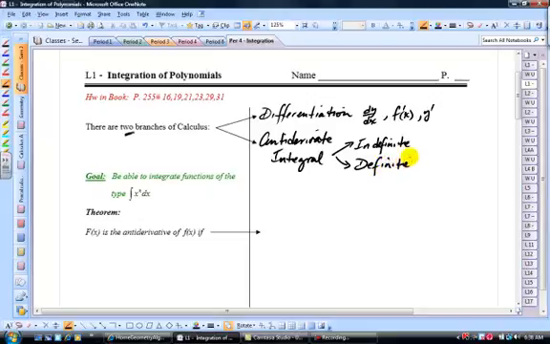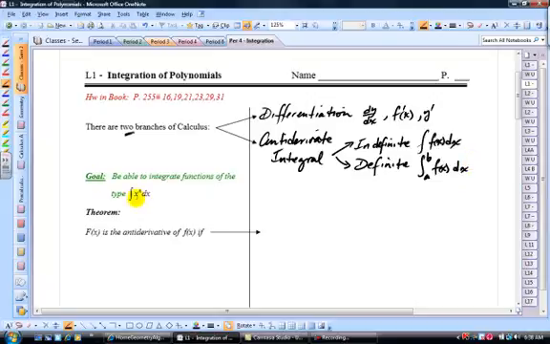The indefinite integral looks like the integral of f of x dx. It's the elongated, stretched out s. And if you evaluate it from an upper and lower bound, a and b, you have what's called a definite integral.